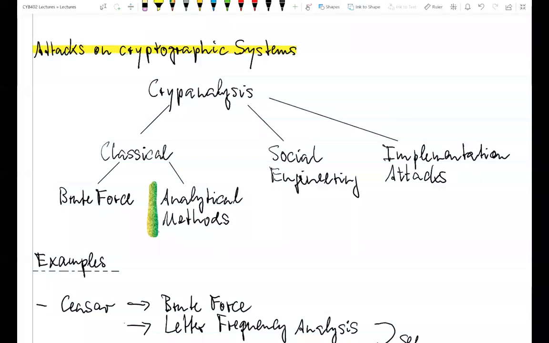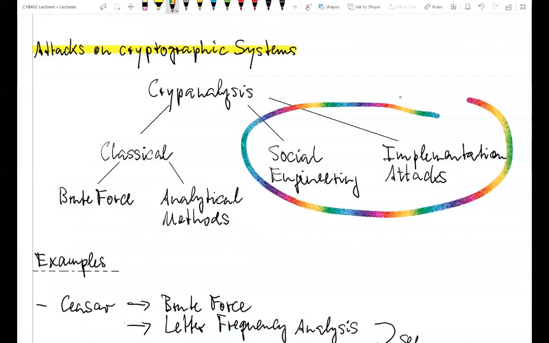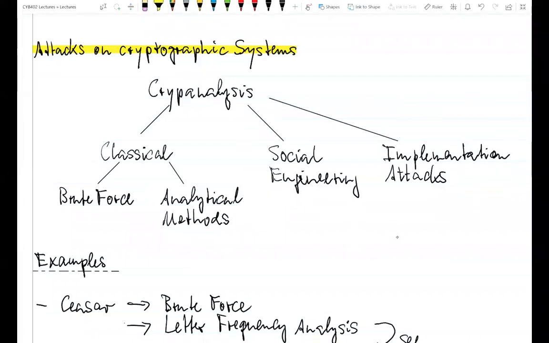So none of this here, social engineering and implementation attacks, is of our concern. When we talk about attacks at all, we talk about analytical methods that would be able to break ciphers, and what our response to that is.